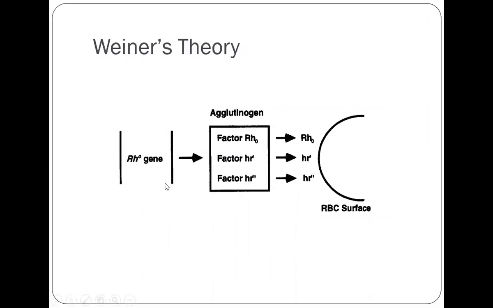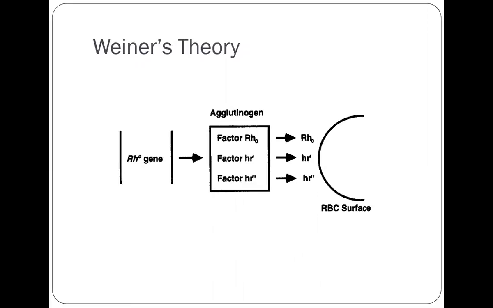So here is your main Rh gene, your 1 gene locus that's going to be inherited and produce this agglutinogen, which again will give you 3 different factors. And then these 3 different factors are inherited, and they are then shown on the red blood cell surface, and that's how you can get 3 epitopes per this 1 agglutinogen.